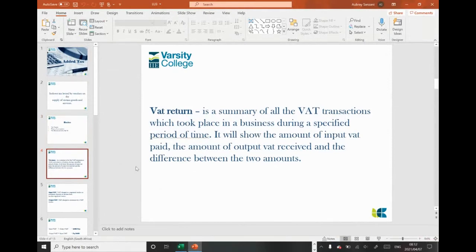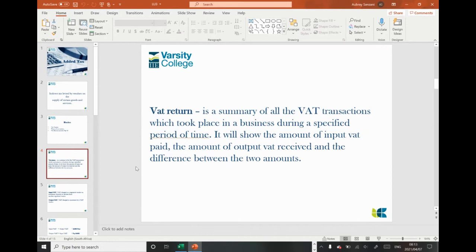A VAT return. Now, this is actually the document that you'll be handing in every 2 months for most businesses, or every 6 months, or every month if you're earning more than 30 million in turnover, or every year. This is what you give over to SARS.